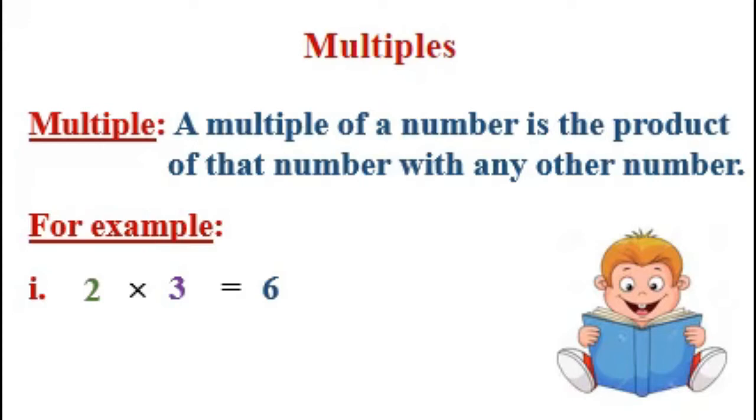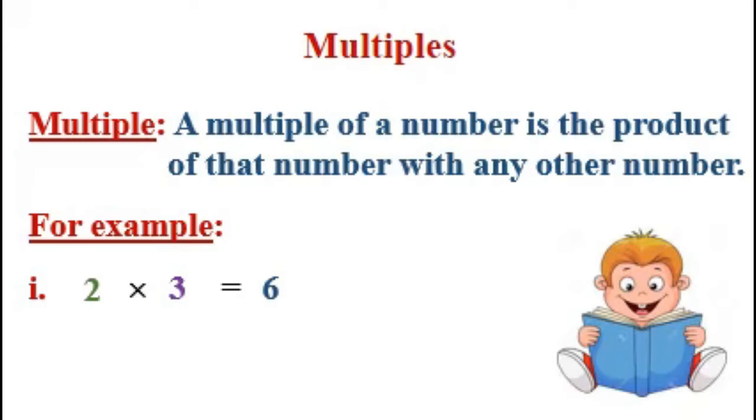In this case, the multiple of 2 is 6 because a multiple of 2 is the product of 2 with any other number, and that other number is 3. So whenever we want to find the multiple of some number, we multiply that number with any other number to get its multiple. Therefore, the multiple of 2 here is 6.